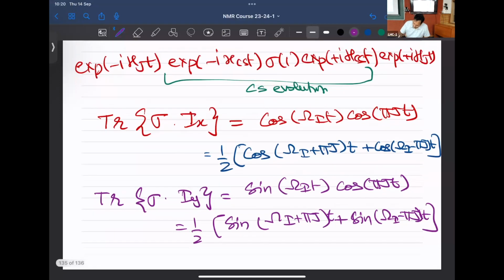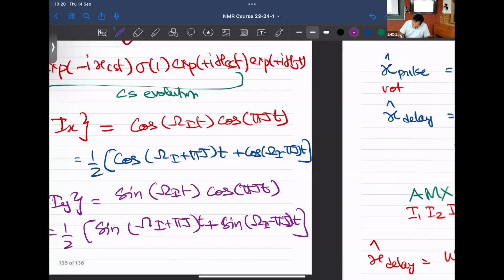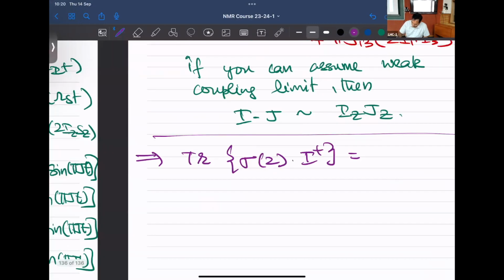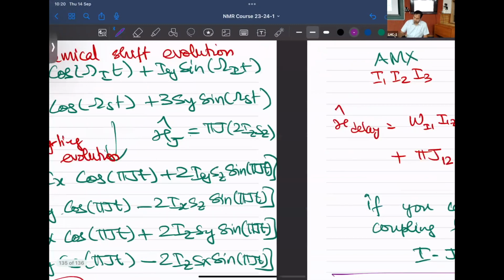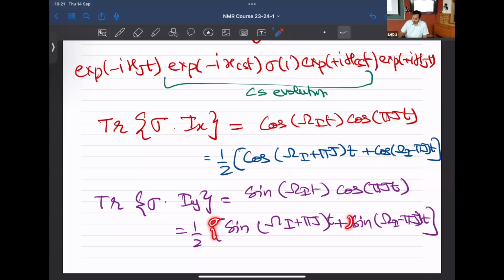So therefore, what you are able to realize is that the trace of the density matrix with respect to the I plus operator will be a combination of things. So go back and do this. You're going to have an i here.